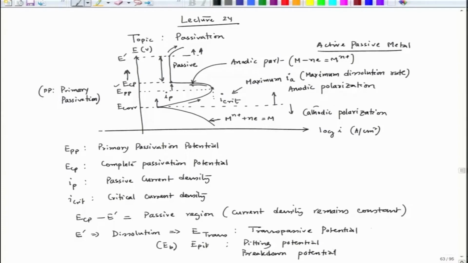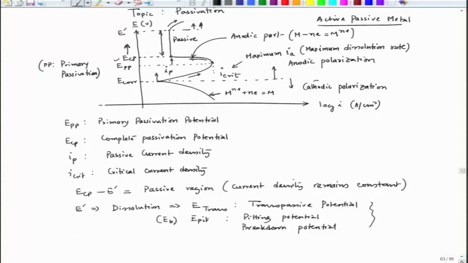Beyond E prime, the oxide layer, the passive layer, will not have any influence, but rather the potential can reach a value where oxygen evolution can start.